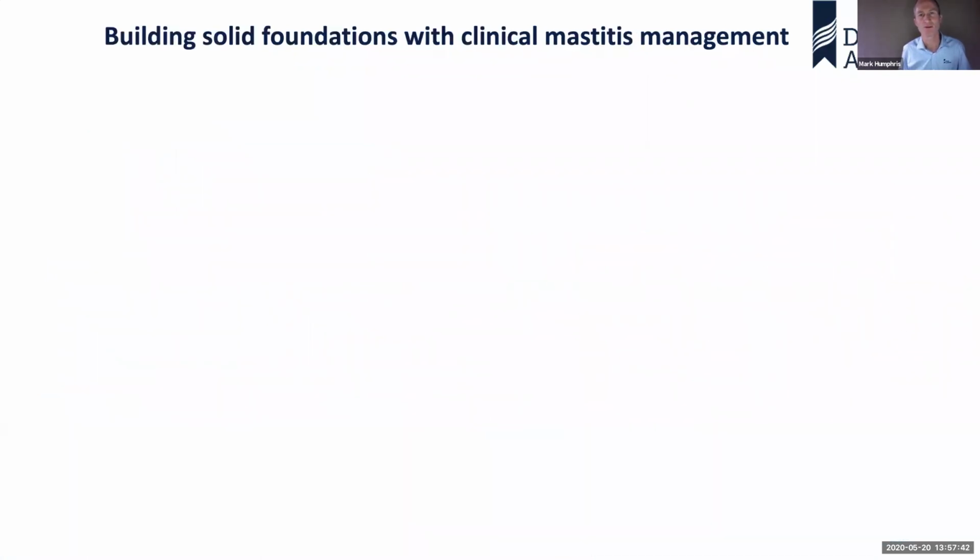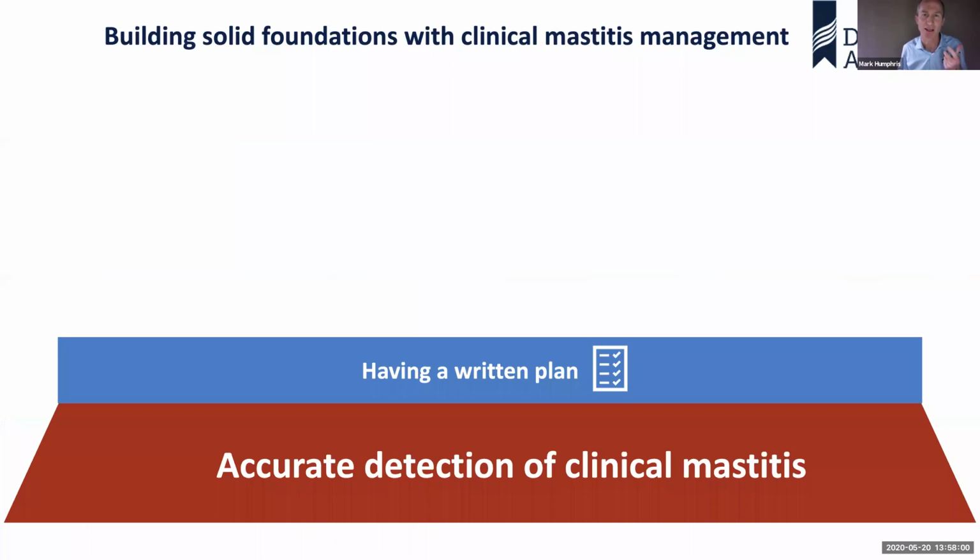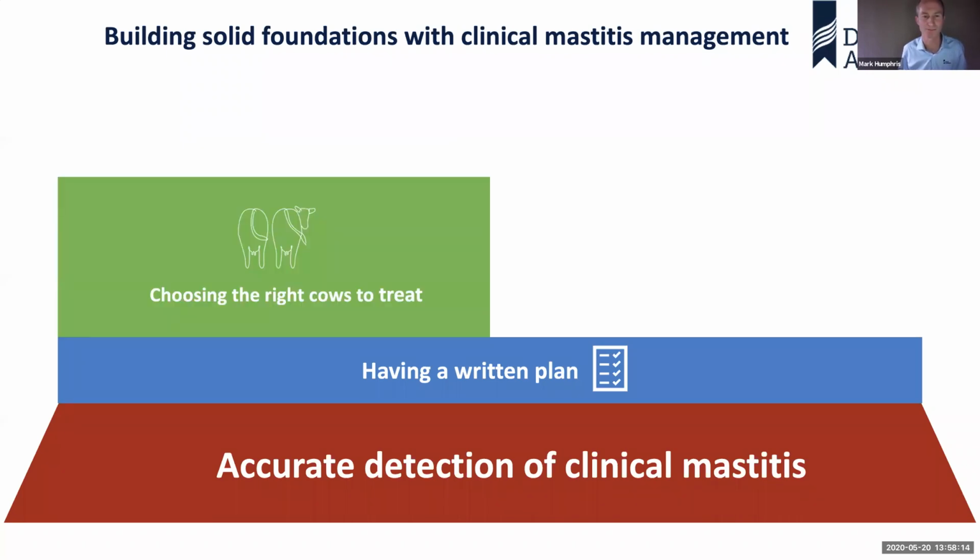So in summarising, it is about building solid foundations with clinical mastitis management, and that starts with an accurate detection of clinical mastitis. So we're not talking about teat canal infections, we're not talking about subclinical infections. Having a written protocol so that it can be viewed by other people within the dairy, and striving for consistency, because there's less errors when there's a consistent approach to a problem.